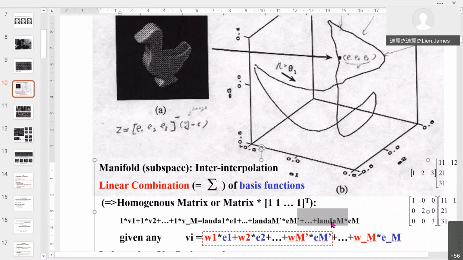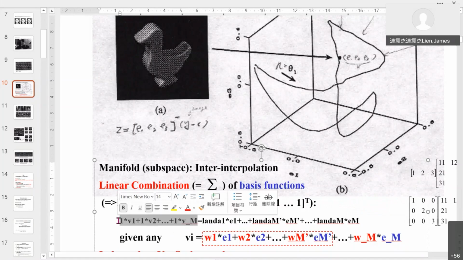The original space has dimension 4 times 9 times 5.